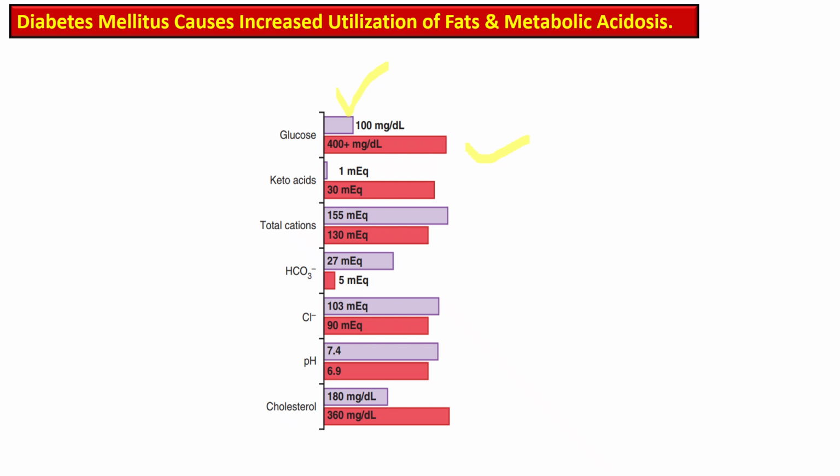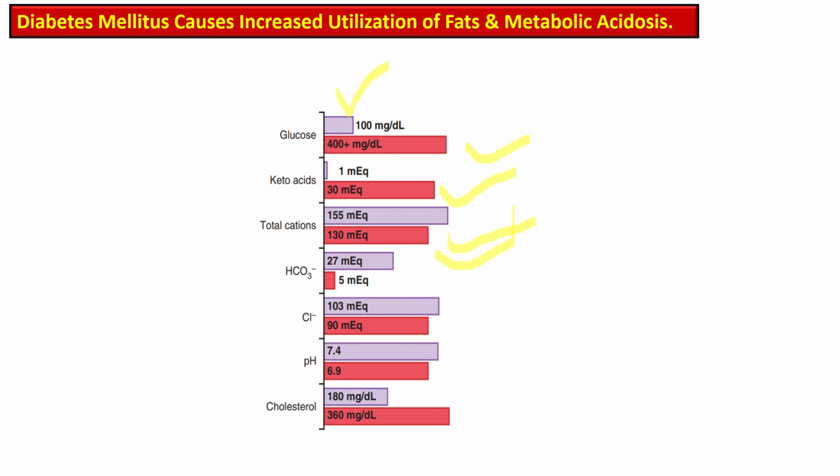Then there are keto acids that are normally 1 milliequivalent per liter. They are present in the blood, but in diabetes they go up to 30 milliequivalents and show excessive ketone body production leading to ketoacidosis. Total cations that are normally 155 milliequivalents decrease to 130 in diabetes.